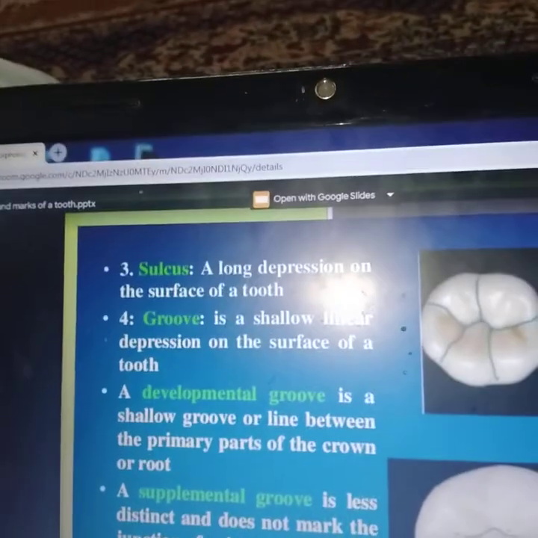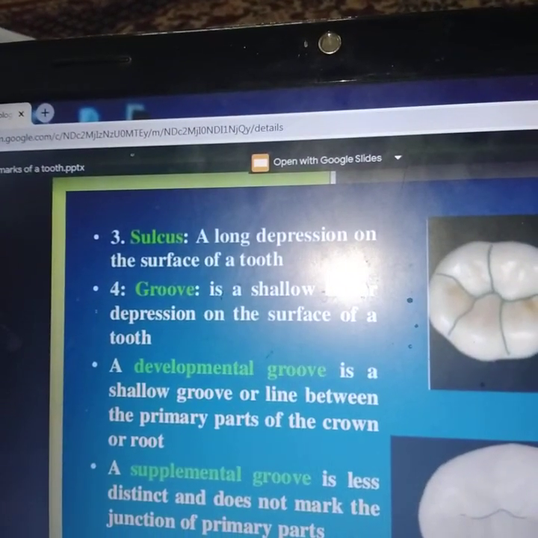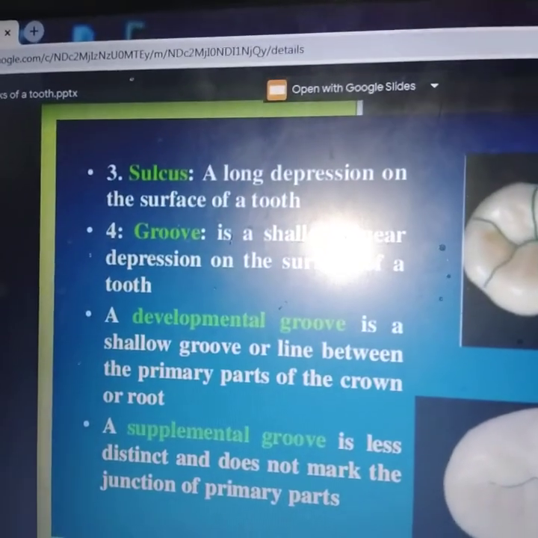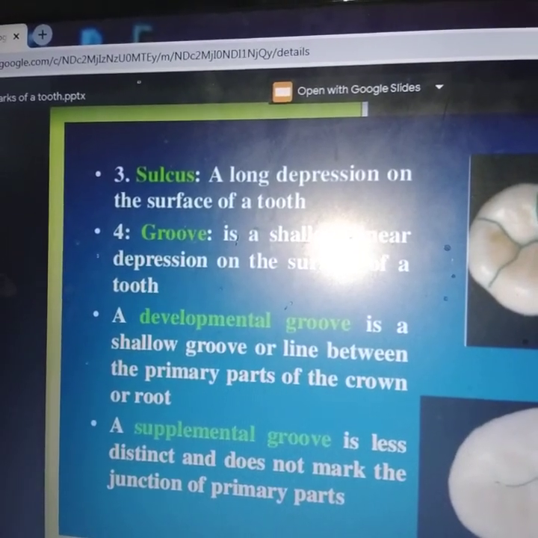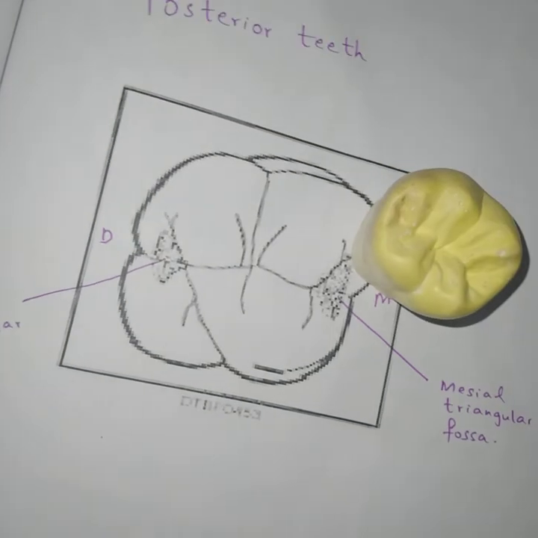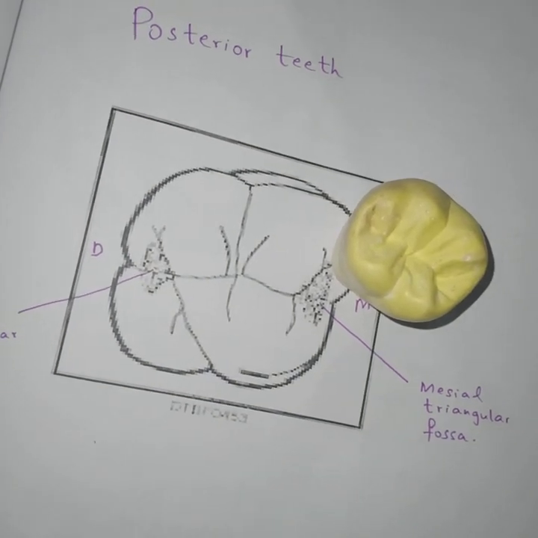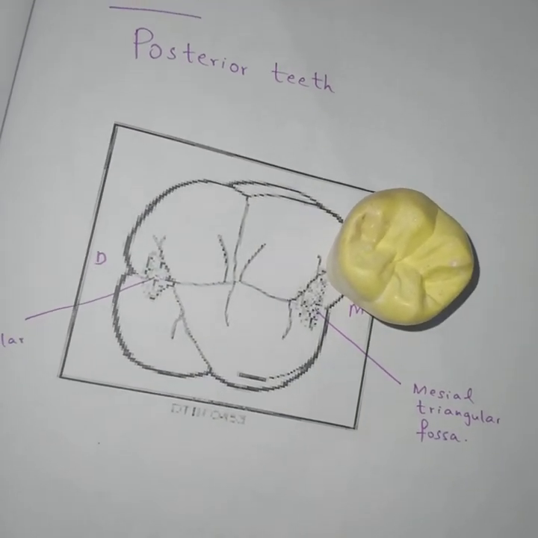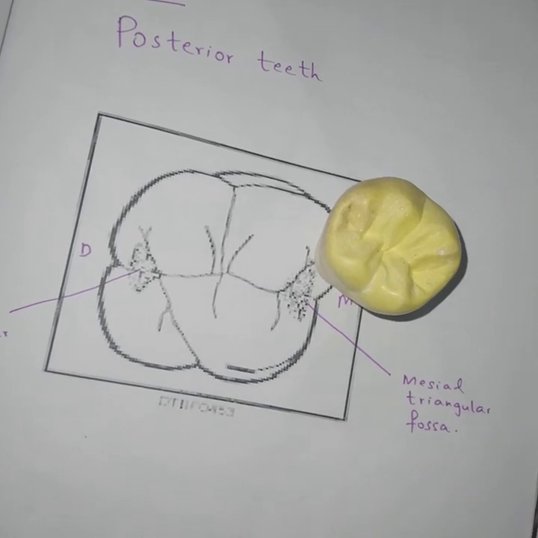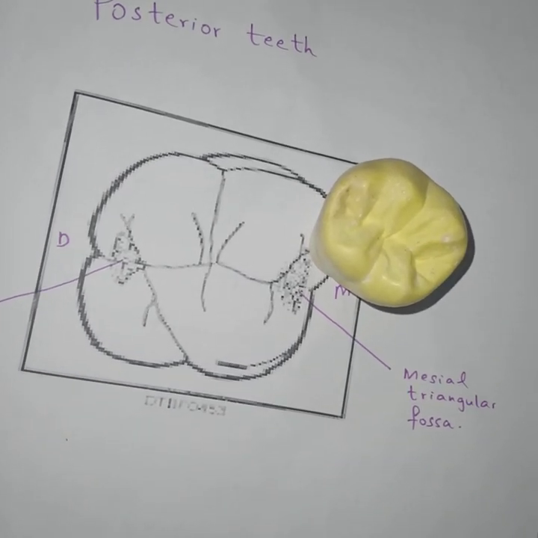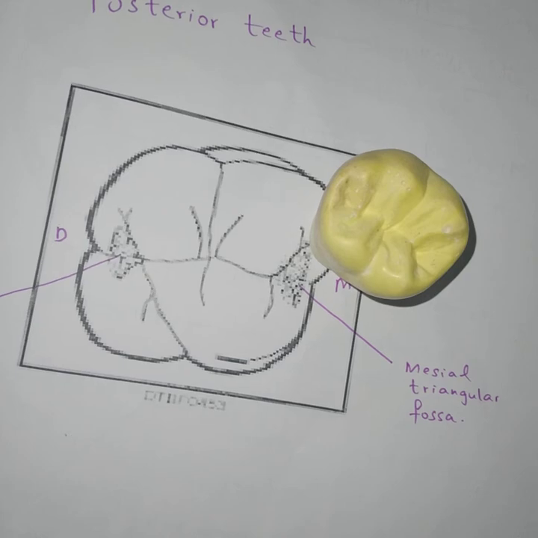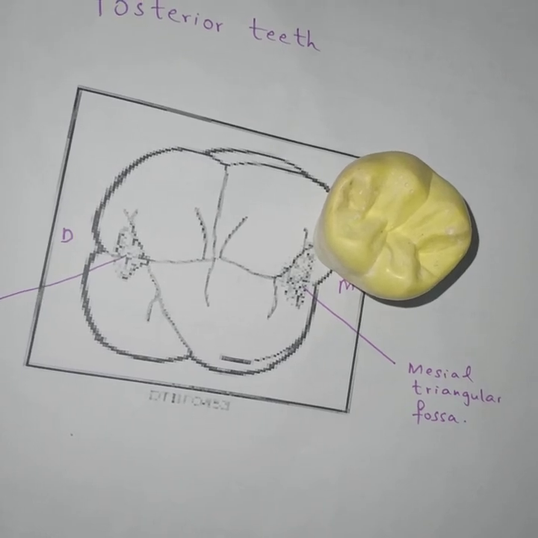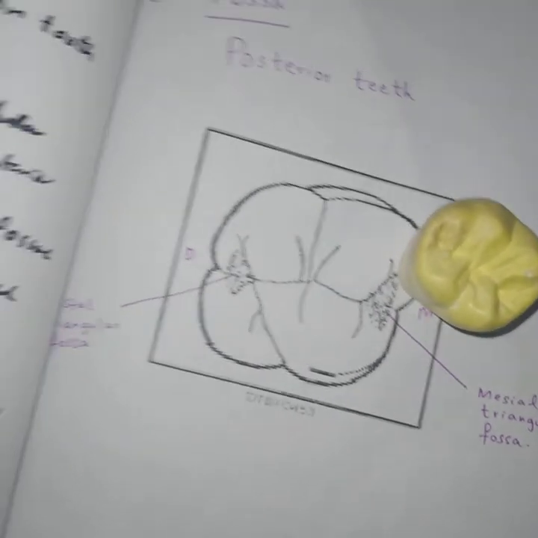A sulcus. A sulcus is a long depression on the surface of a tooth. A long depression on the surface of a tooth is called sulcus. And a fissure is a very narrow cleft or crevice at the depth of any groove caused by the incomplete fusion of enamel during tooth development.